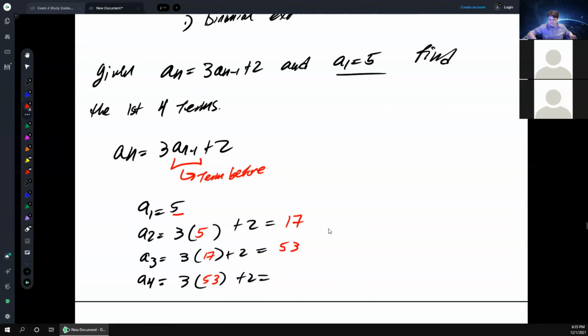So then we have 3 times 53 plus 2, which gives us a total of 161. So those are the 4 terms of the sequence: 5, 17, 53, 161.